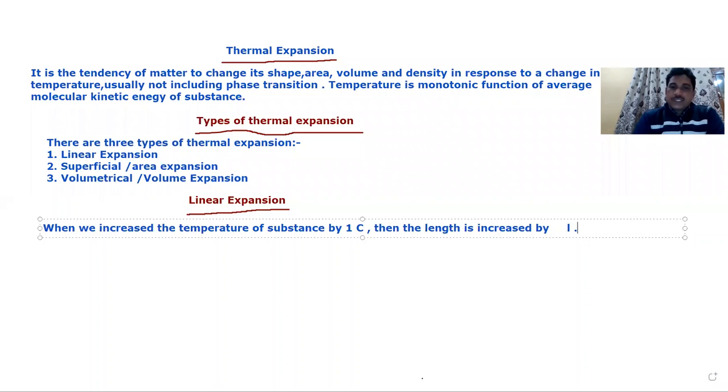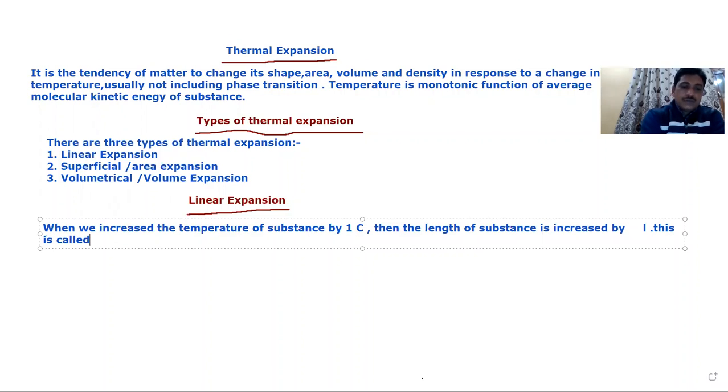When we increase the temperature of the substance by 1 degree Celsius, then the length of the substance is increased by delta L. This is called linear expansion.